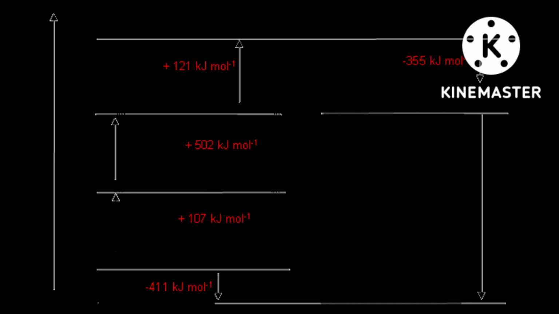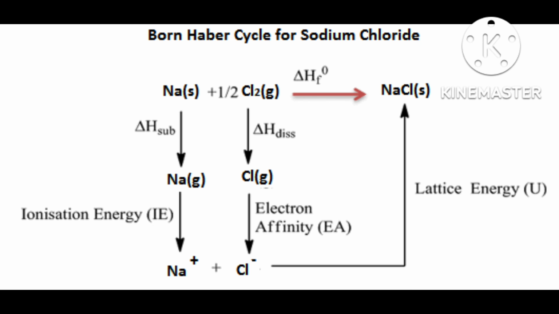Calcium oxide was also only 1 mole, hence again you multiply by 1. Means on the product side you multiply only by 1: 1 into calcium oxide, 1 into CO2. Then for carbon dioxide the value given is minus 393.5 kilojoule per mole.